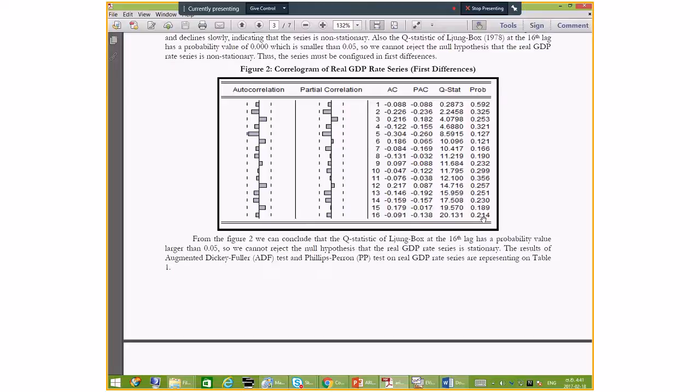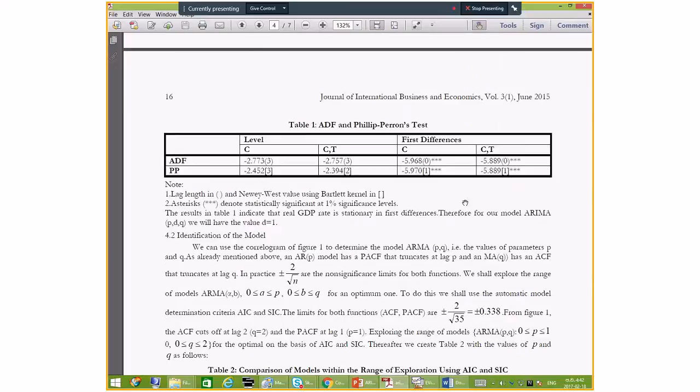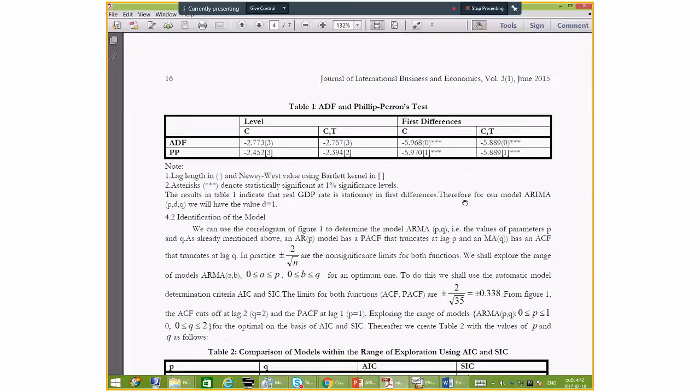You can do the same by using the augmented Dickey-Fuller test as well as the Phillips-Perron test to check whether the series are non-stationary. The ADF and Phillips-Perron test results are also mentioned here, for the levels and the first difference.